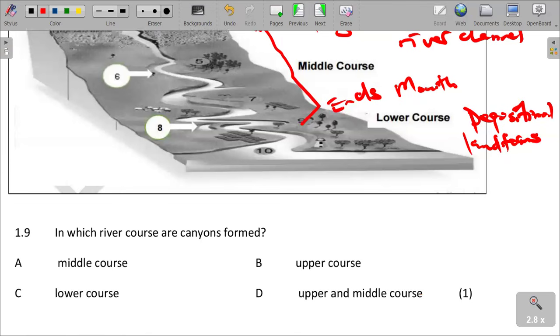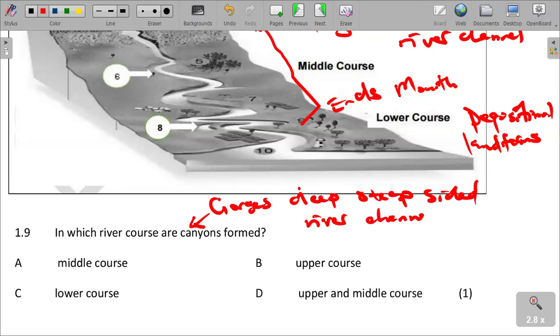Now the question is saying, in which river course are canyons formed? Canyons can also be called gorges. These are deep, steep-sided river channels, caused by vertical undercutting.